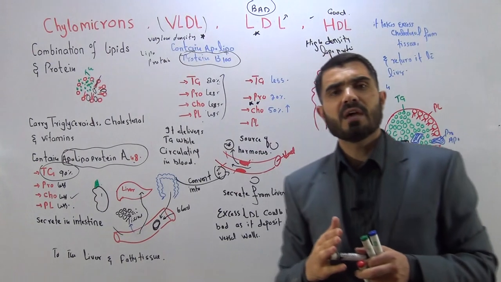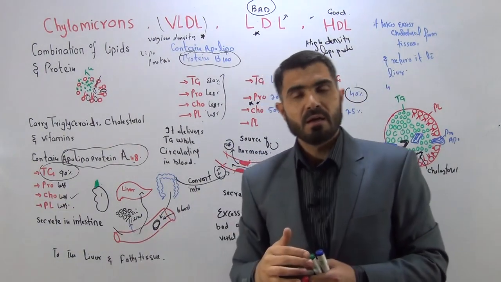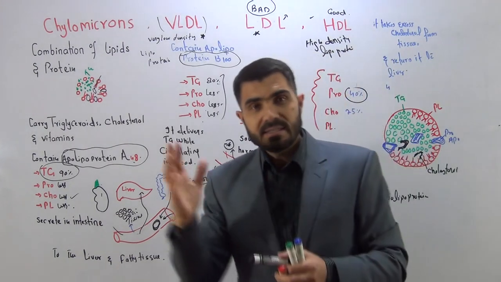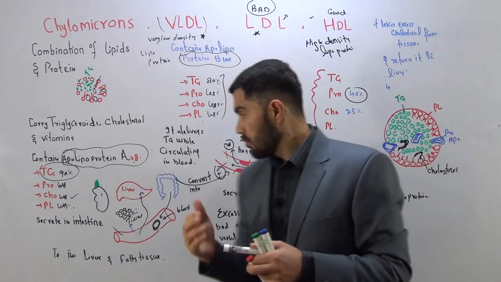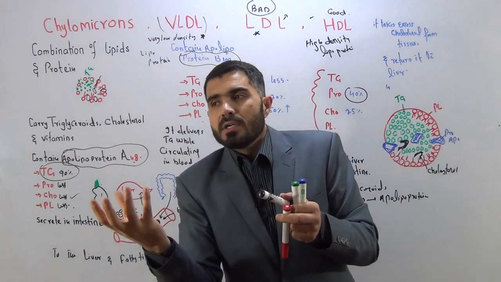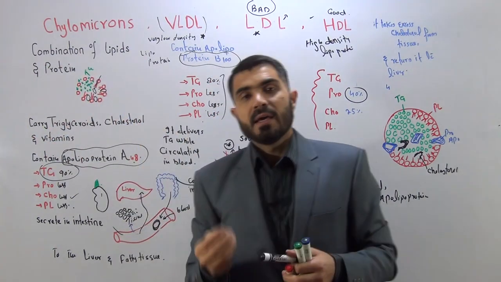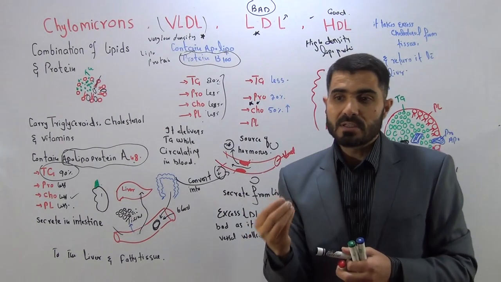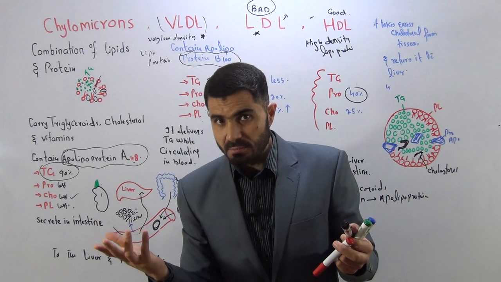For example, your cell membrane requires cholesterol, so cholesterol will be given. Your kidney, adrenal gland require cholesterol. So LDL will provide the cholesterol to the kidney, especially the adrenal gland. Why? The adrenal gland will synthesize hormones like glucocorticoids, mineralocorticoids.